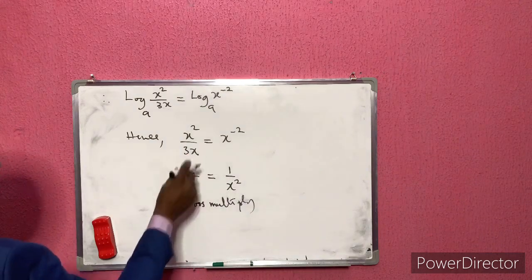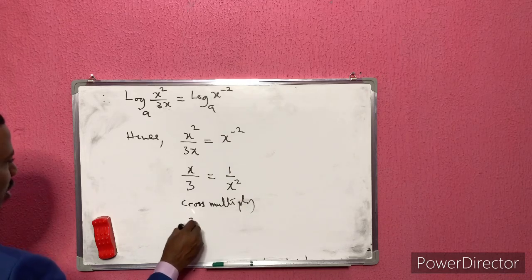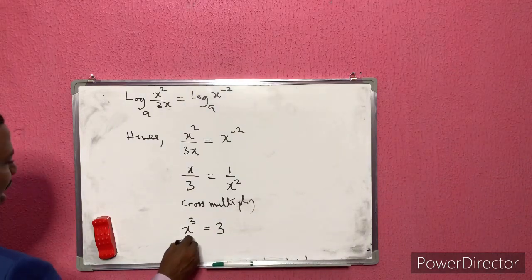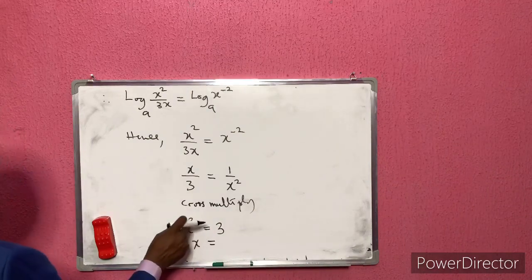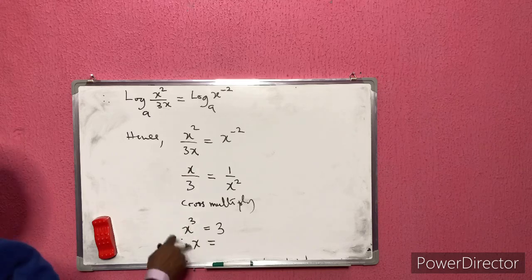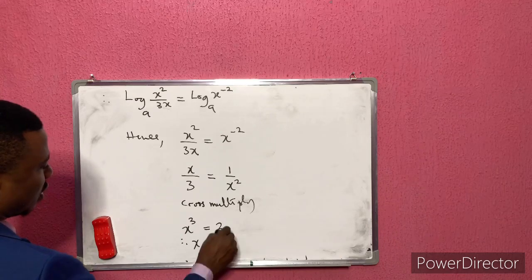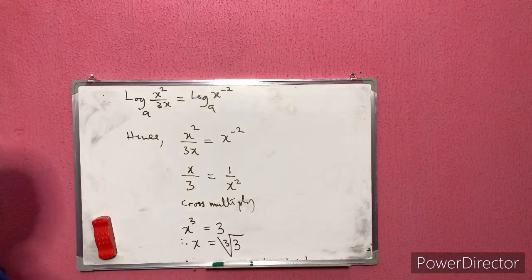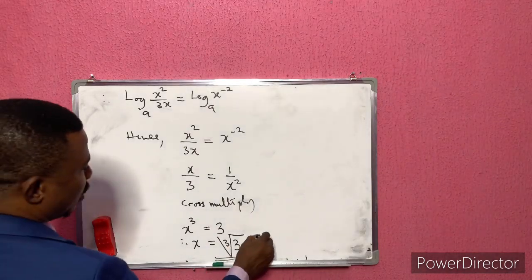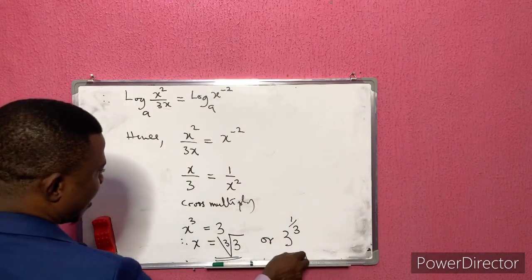I'll have this times this. x times x squared is x cubed equals to 3. So therefore, x is equal to, when the cube crosses, it becomes the cube root. It will give you cube root of 3. This is your answer, or 3 raised to the power 1 over 3. Any one you like is your answer.